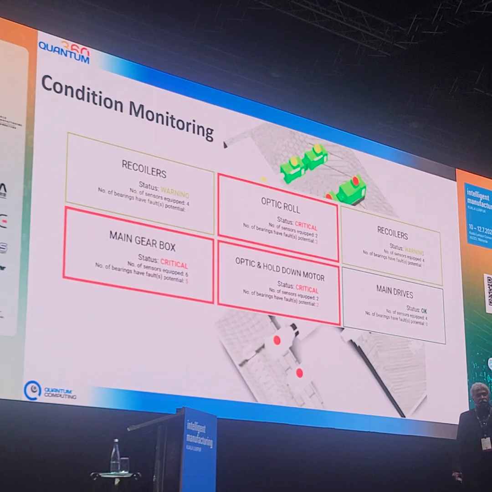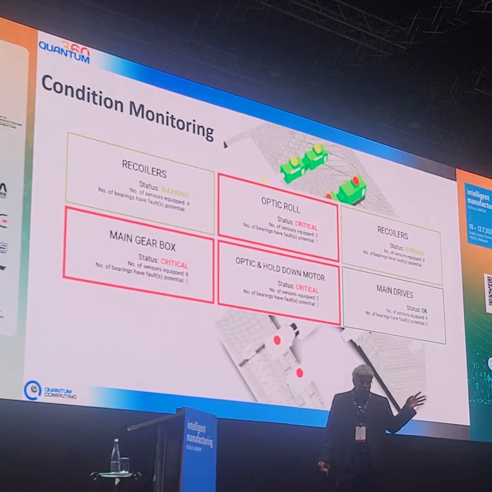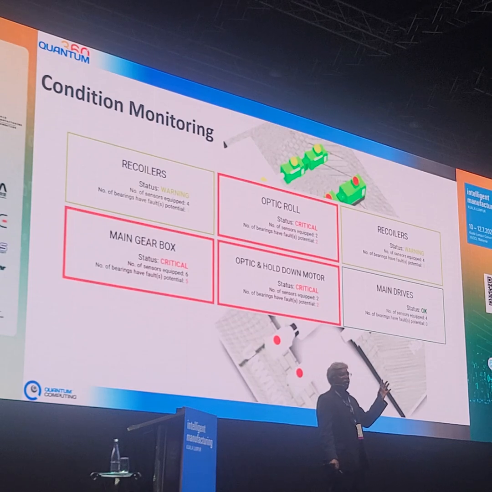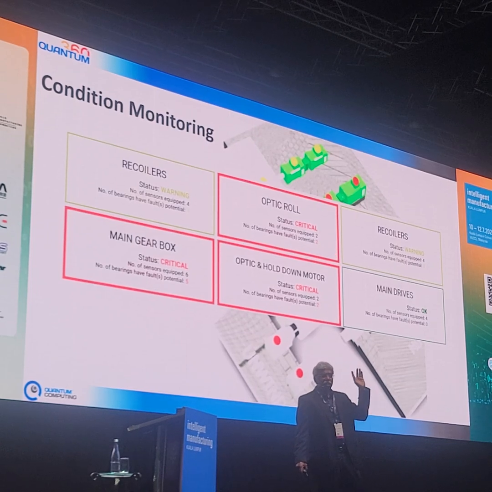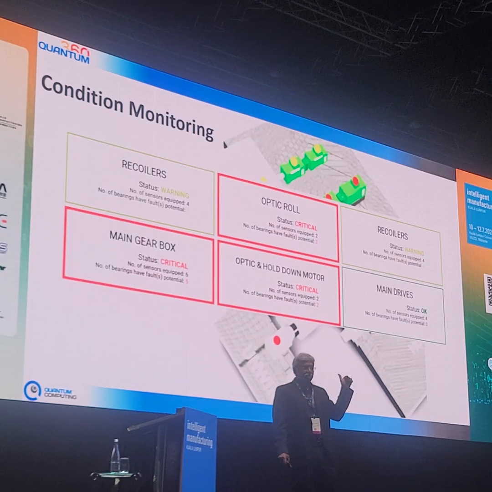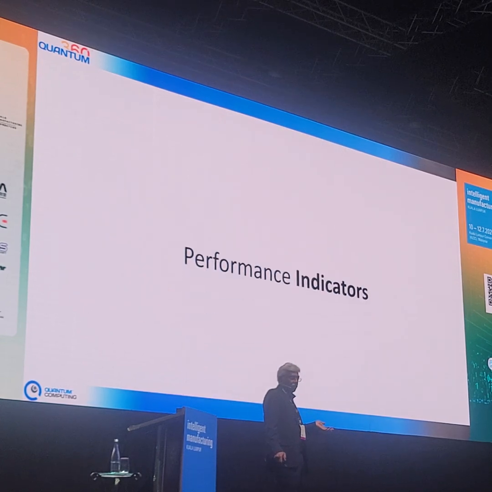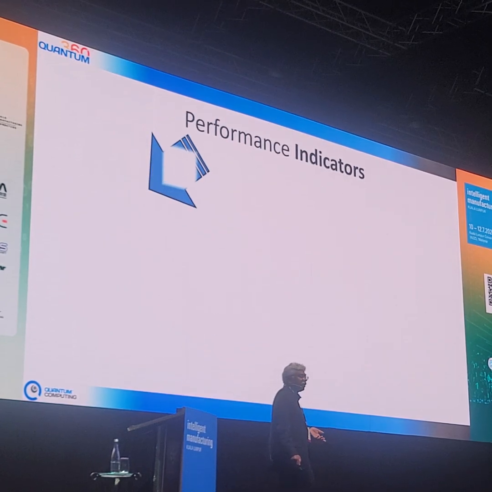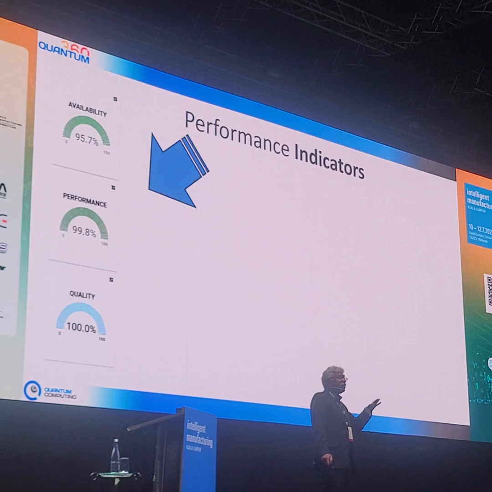Now, there are 3 other things that you need. Basically, you need condition monitoring. You can install all kinds of sensors. Once again, it's the same story like before. Red is bad, yellow is going bad, green is good. And along with condition monitoring come also performance indicators. Condition monitoring and performance indicators are important because they also feed into the optimum running condition.